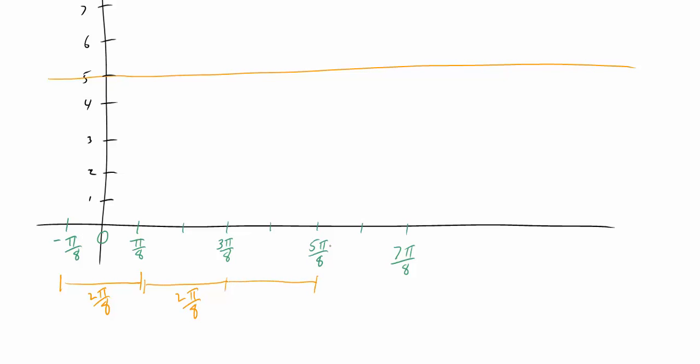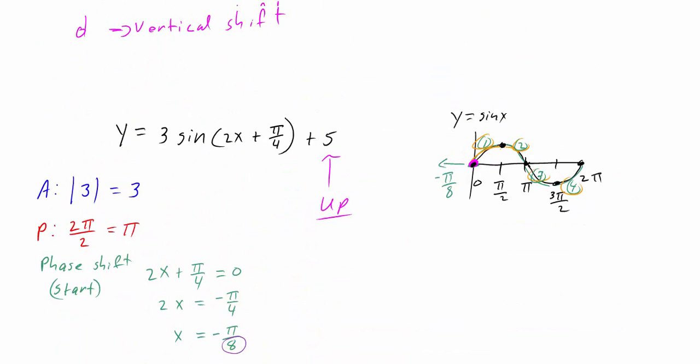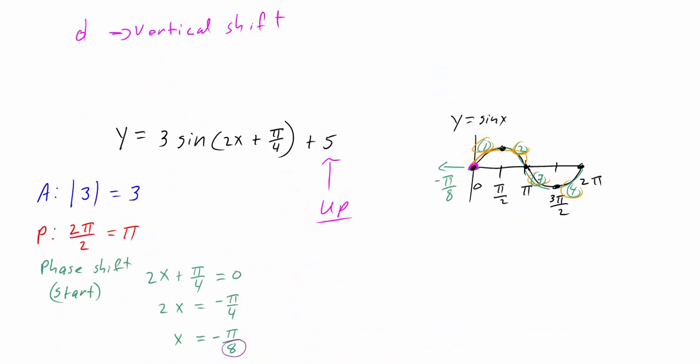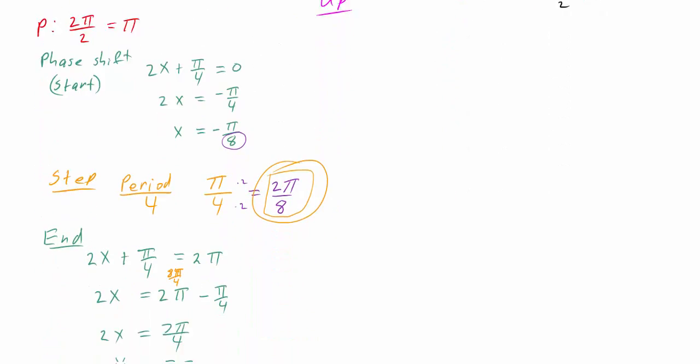Another 2 pi over 8 would be 5 pi over 8. And then we get 7 pi over 8. So here's the 1, 2, 3, 4 equal steps in the graph. So what I've kind of marked off are these 4 steps that we're going to have in the graph as we go from the axis to the peak, then from the peak back down, and then down to the valley and back up to the axis.